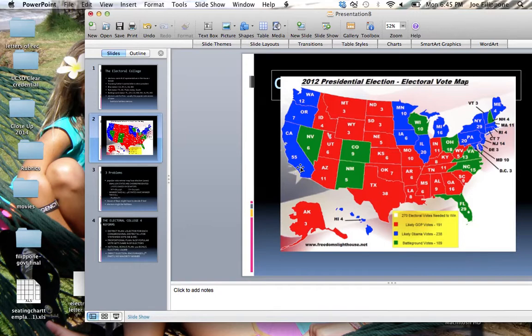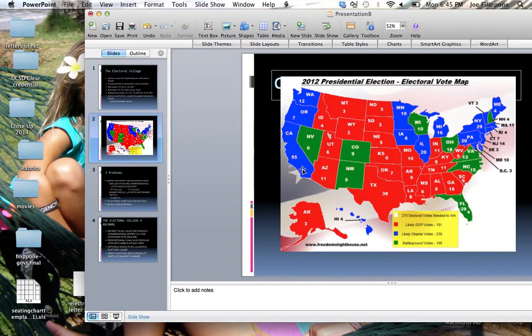The votes are counted in January when the congressional session opens and are reported by the vice president. And thus the vice president has the duty of announcing who is the next president.